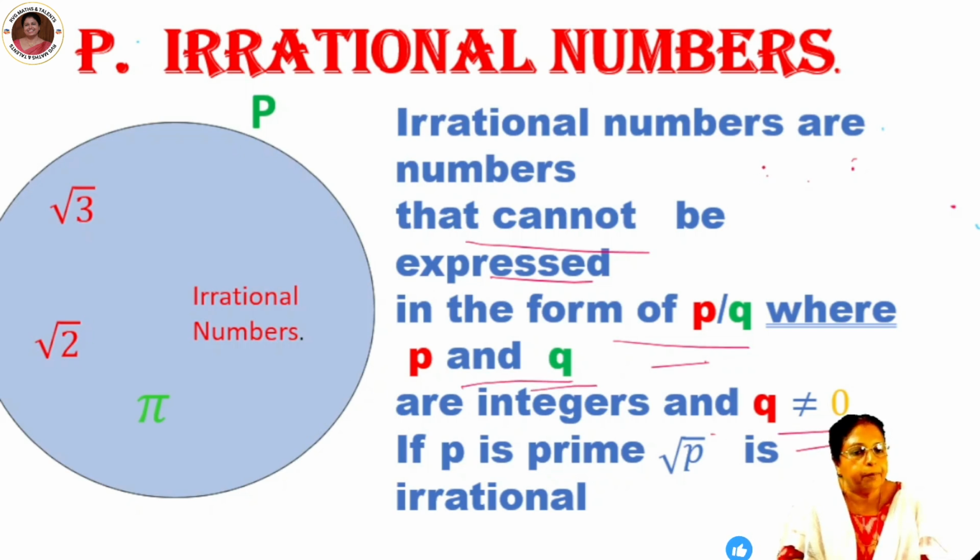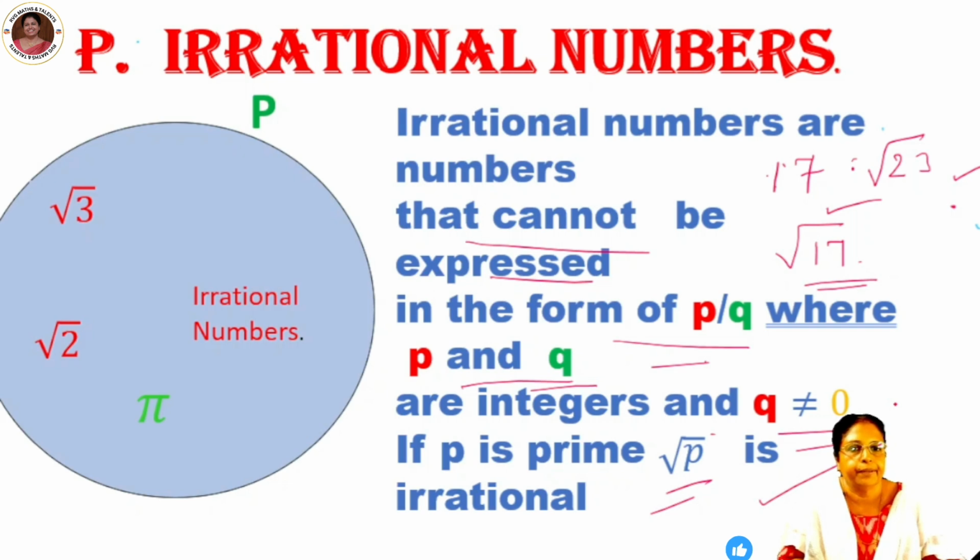If you take any prime number, for example 7, then root 7 is irrational. Another example, root 23, is also an irrational number. That means if you take any prime p, then root p is irrational.